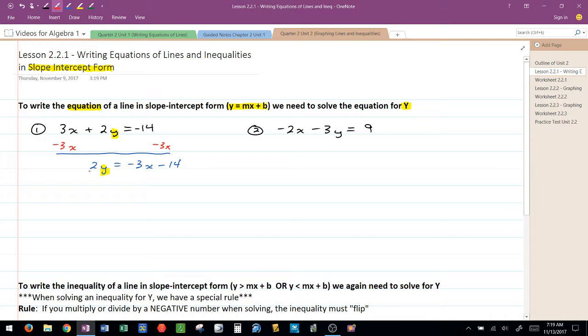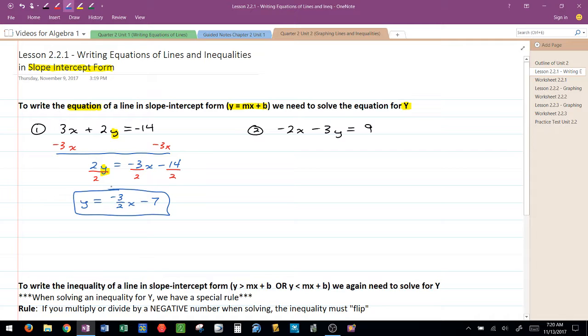The 2 is multiplying y, so therefore I'm going to divide to move it over. Opposite of multiplication is division. If I divide here, I have 2 more places that I have to divide. When I do this, I get y is equal to negative 3 halves x, and then I have 14 divided by 2, which I'm going to simplify to minus 7.